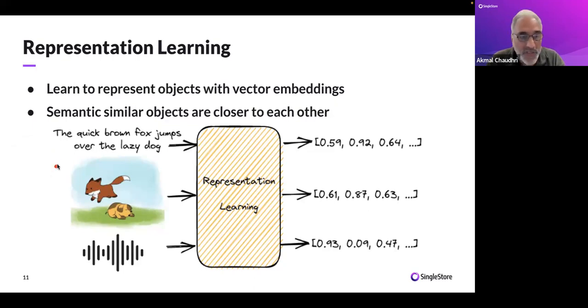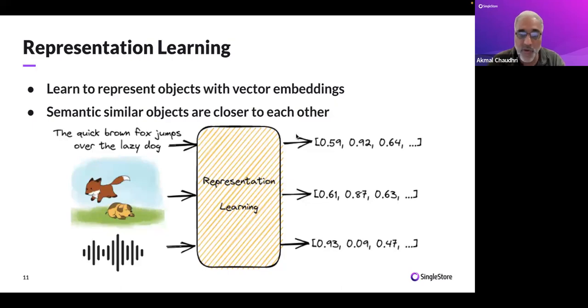Just below it, you can see that we actually have a picture as well of a fox jumping over a dog. Intuitively, we would think that despite the fact that one of these happens to be just text and another just happens to be an image, they are very similar, so we would expect that if we represented these in some kind of numerical way, that would actually be true.